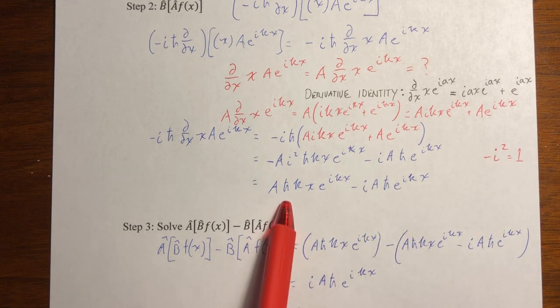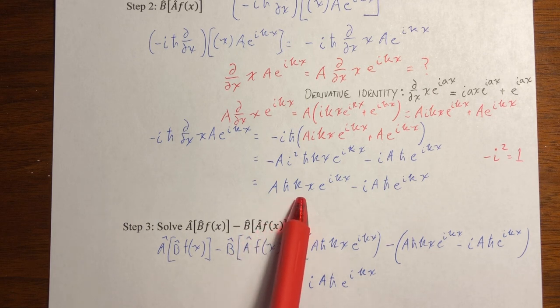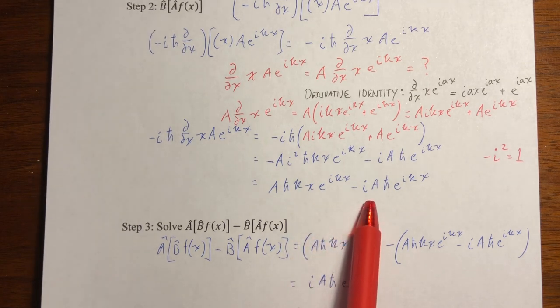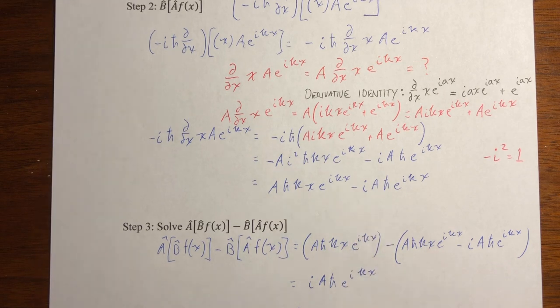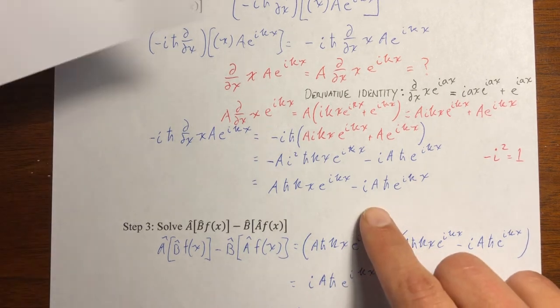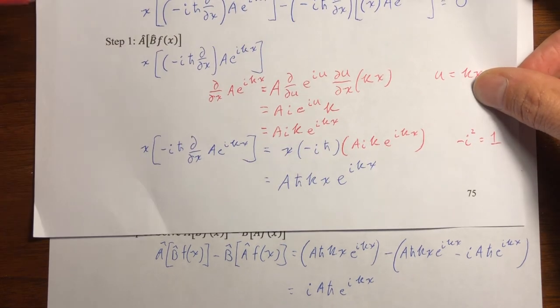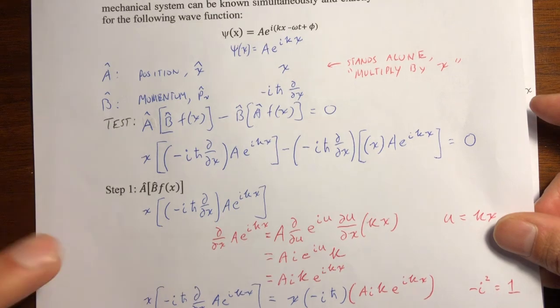And so we get, finally, b acting on a acting on f of x is equal to a times h bar times k times x times e raised to the ikx minus i times a times h bar times e raised to the ikx.